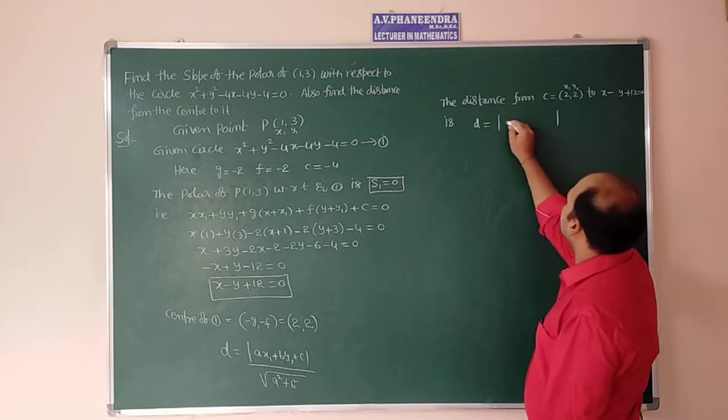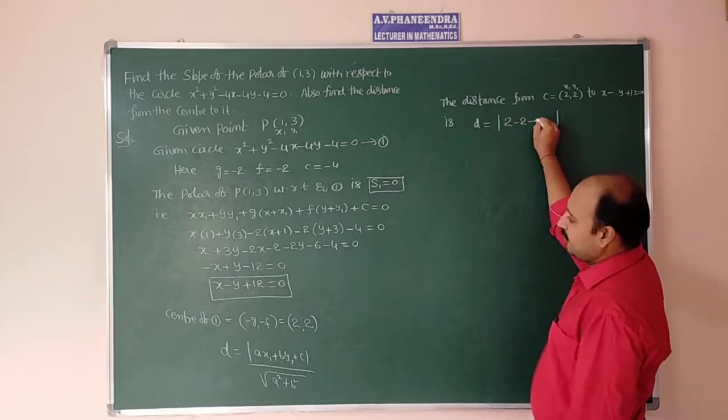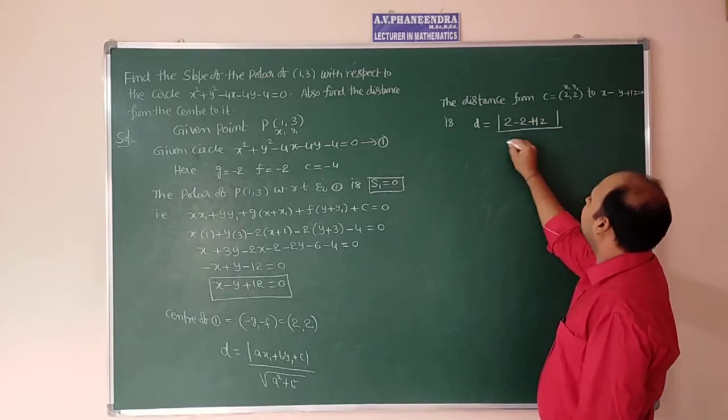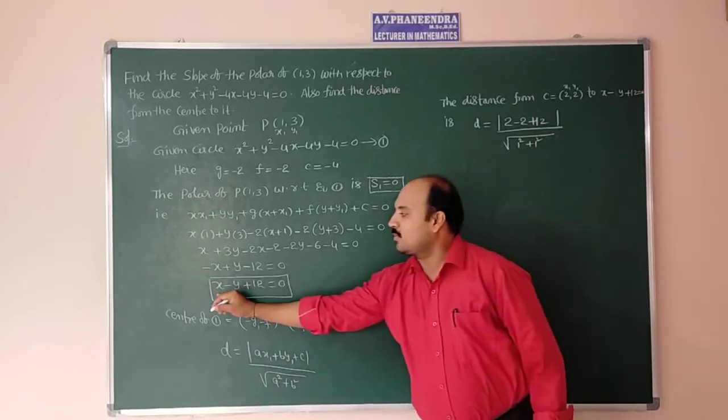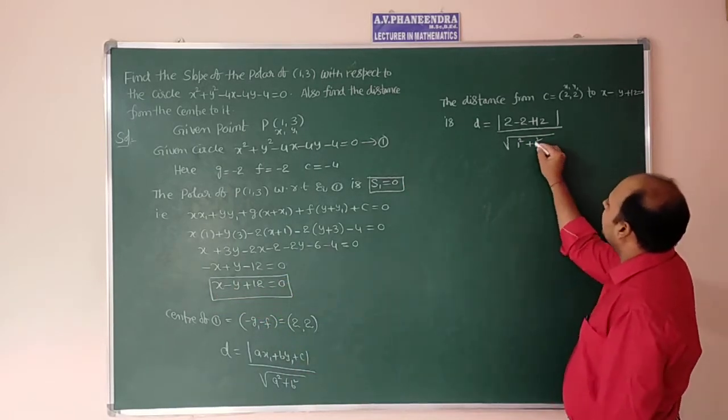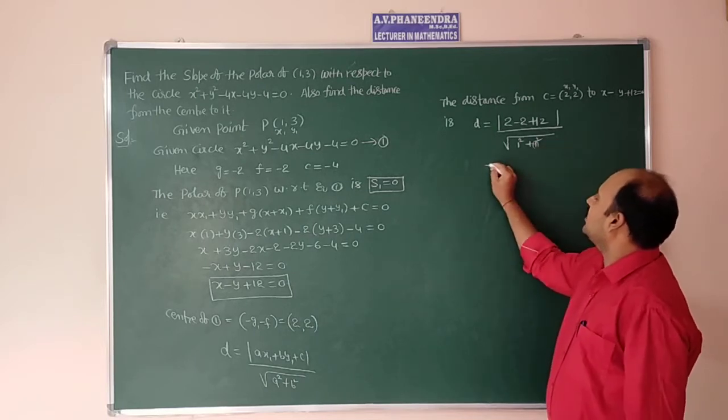So |2 − 2 + 12| divided by the square root of 1² + 1², the x coefficient squared plus the y coefficient squared. Here (−1)², of course, becomes +1.